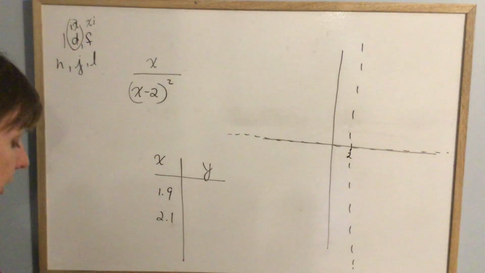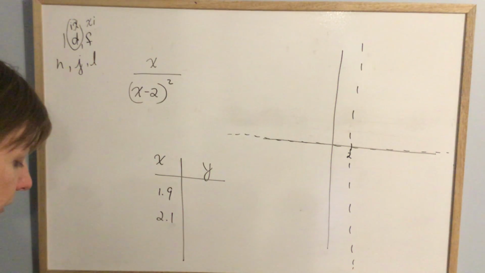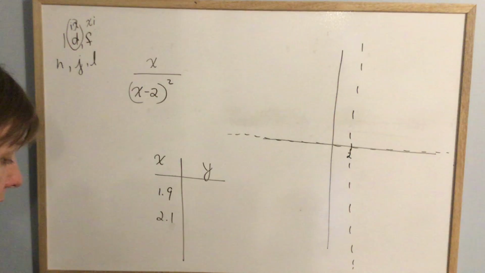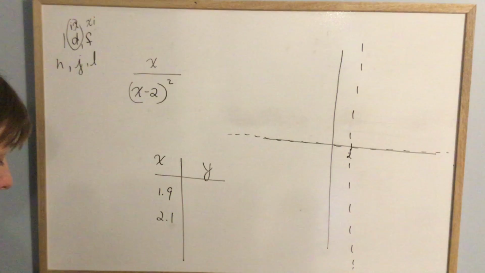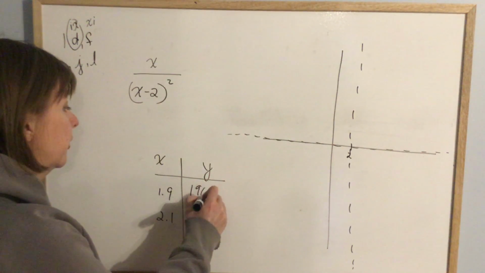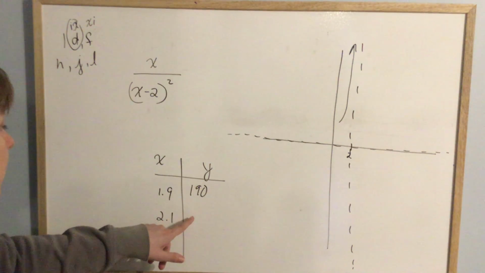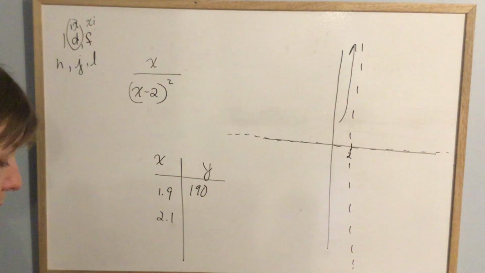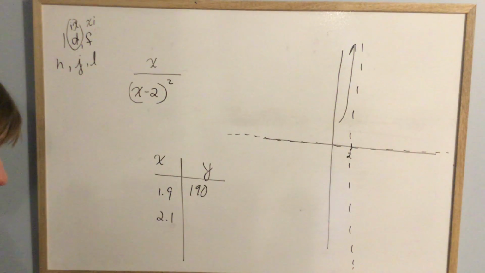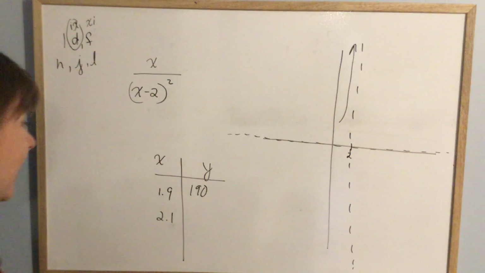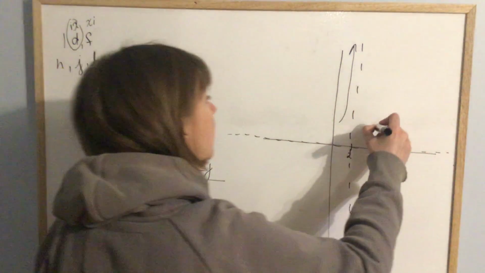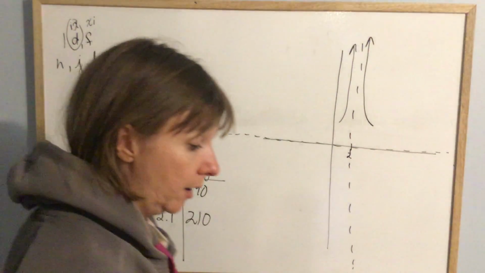If I do 1.9 minus 2 squared, and then 1.9 divided by my answer, that's 190, so way up here. And if I do 2.1 minus 2 squared, and then 2.1 divided by my answer, I get 210. So also way up.